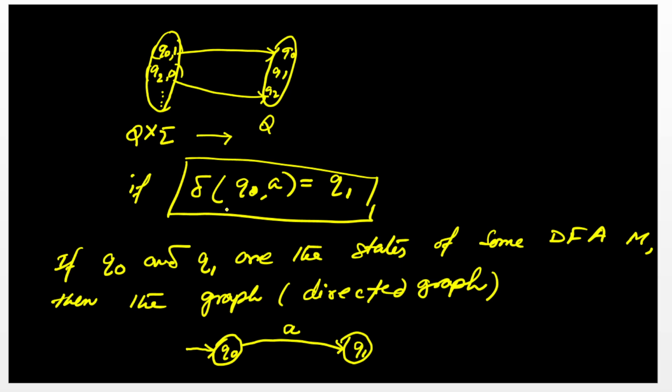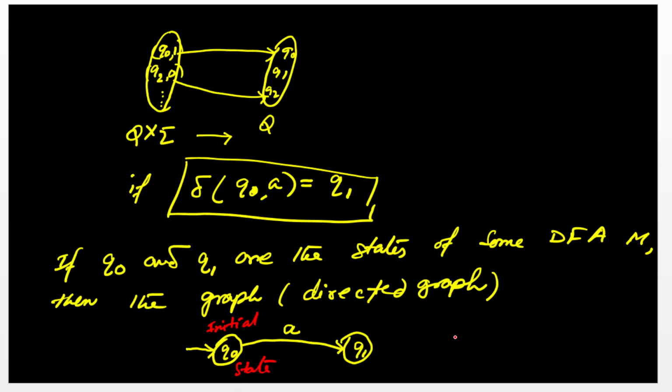So the initial state is basically identified by an incoming arrow that is unlabeled. There is no label and it does not originate at any vertex. So this is an initial state.